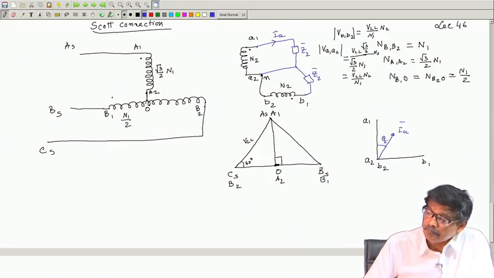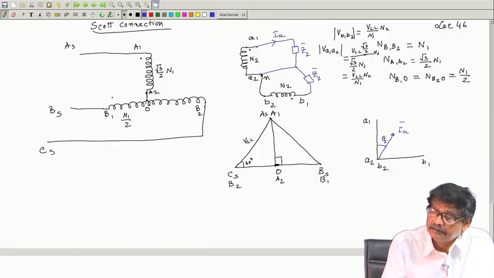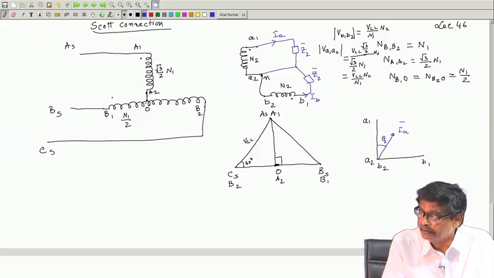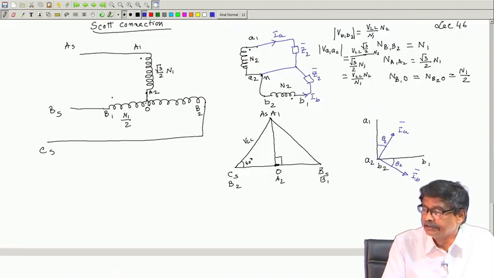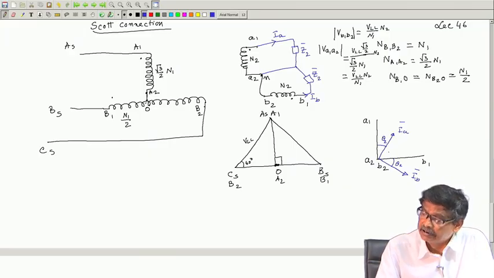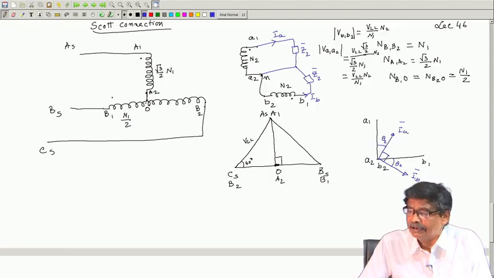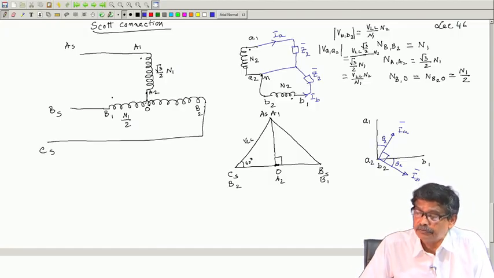Similarly, in the B phase, B1 B2 same load I have connected. So, these are the line currents, I B will be also lagging this by same angle, and this angle too will be theta 2. Obviously, since these two phasors are shifted by same angle theta 2 and angle between the voltages were 90 degree, this angle too will be 90 degree. So, a balanced two phase current will be flowing to the load.